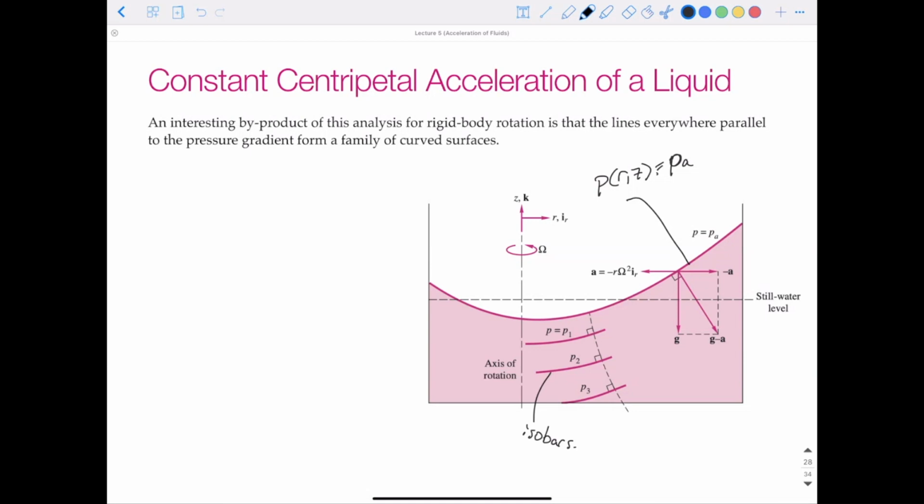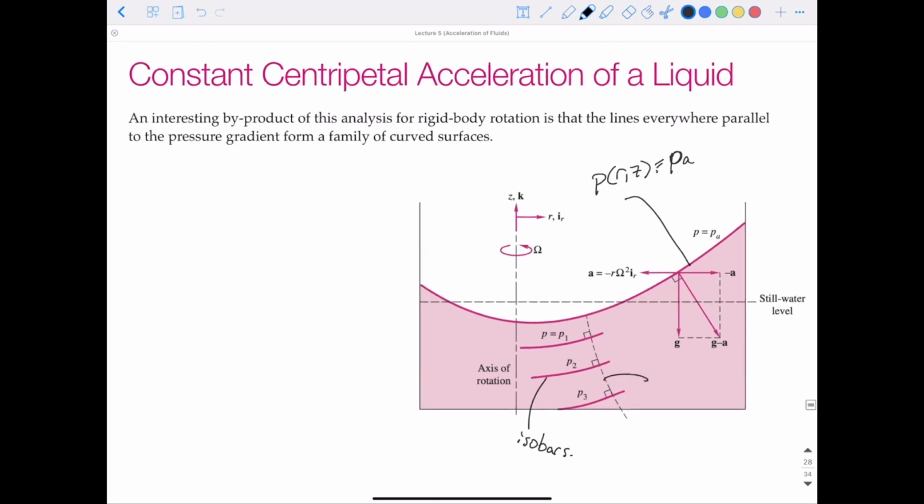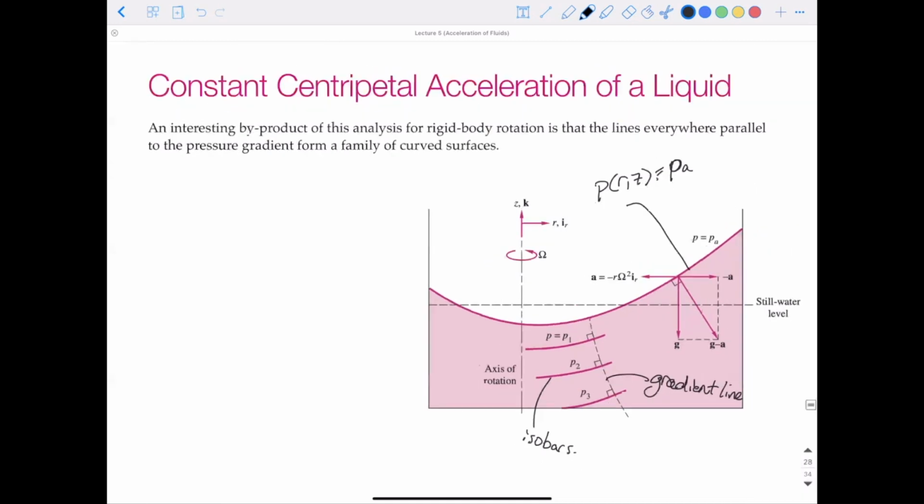And one other interesting line, which is just a straight line when we're talking about linear acceleration, but in centripetal acceleration, we have our gradient line, and it is not a straight line anymore. It changes as you change your depth in the fluid. So this would be our gradient line.